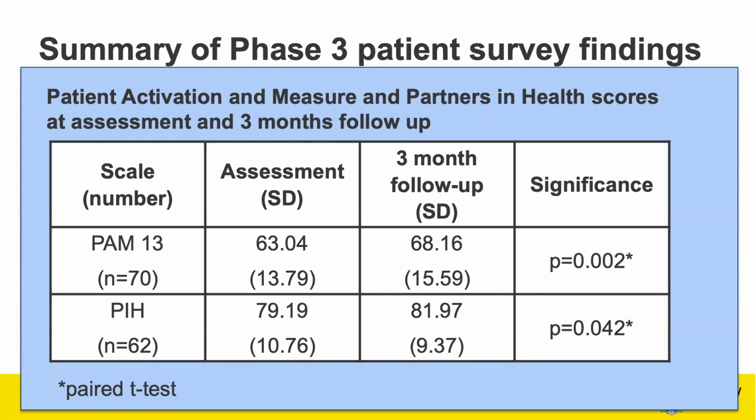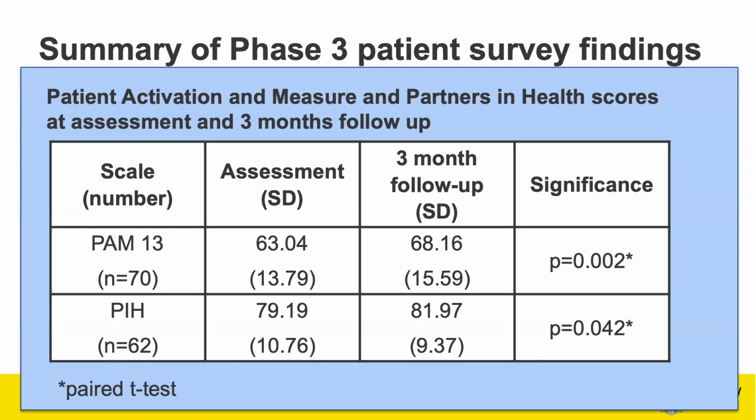In terms of the survey findings, we looked at the PAM score, and that showed a significant change, and people again shifted, a little bit higher in the quantum of improvement across those 3 teams than in the retrospective file audit.